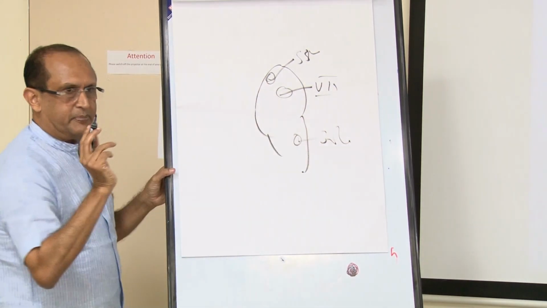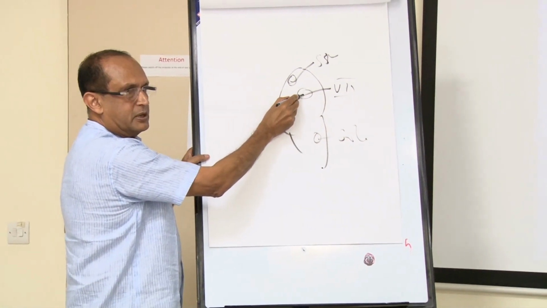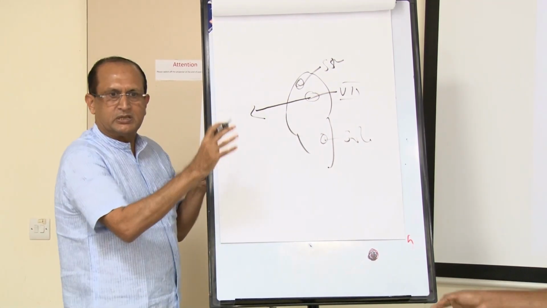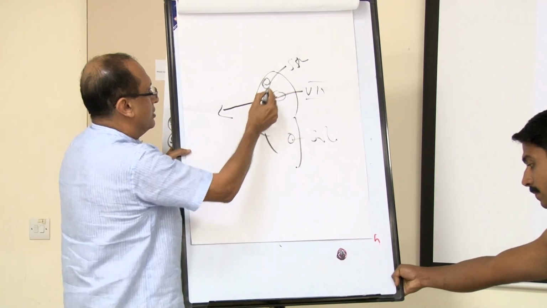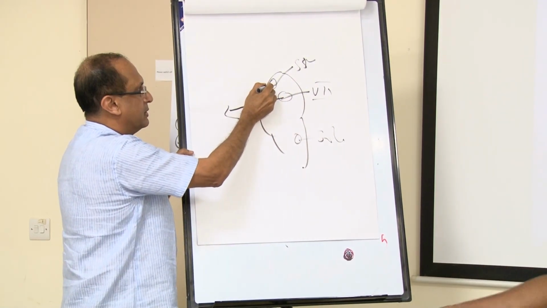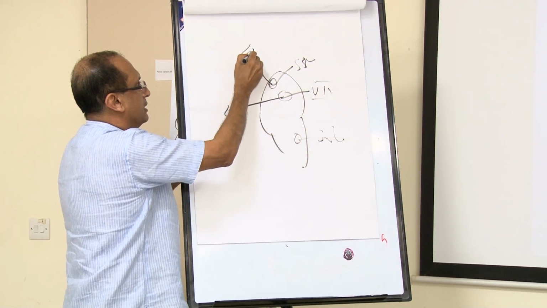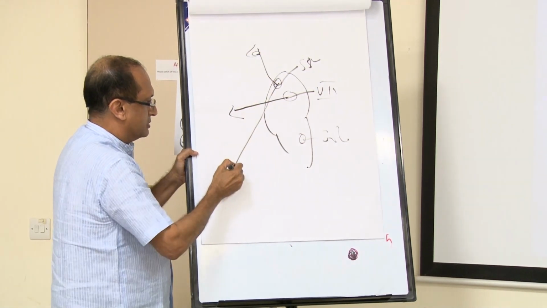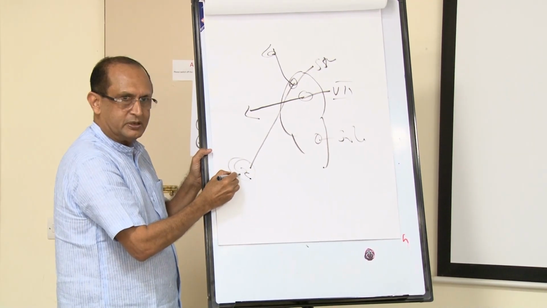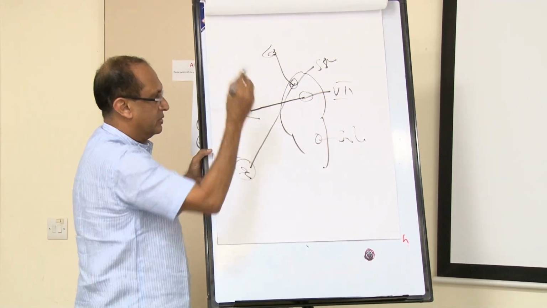Okay, so what happens is the seventh nerve supplies all muscles of facial expression. Okay, but the superior salivatory nucleus is concerned with the parasympathetic supply to the lacrimal gland and also the parasympathetic supply to the submandibular and salivary glands of the mouth. So salivation and lacrimation. Okay.